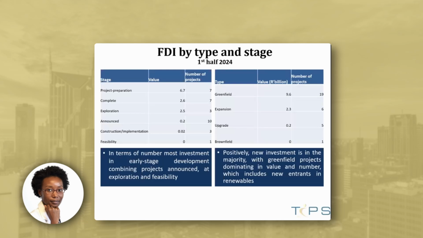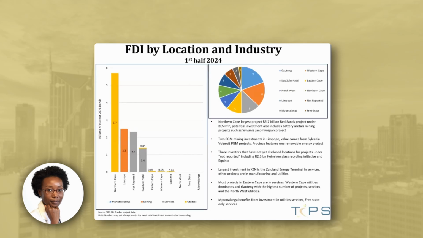We also see that greenfield investment dominates, and we are generally seeing new entrants in renewables such as Yellow Door, Sunfarming, and Energy Cal. Then when we look at investment by location over the first half, the Northern Cape drew the highest investment value, and this is under the Red Sands project.